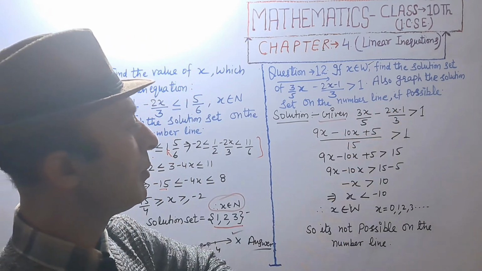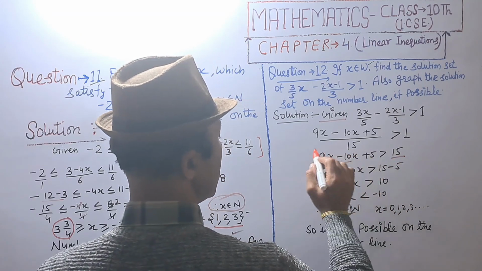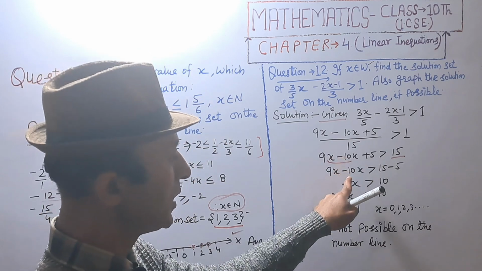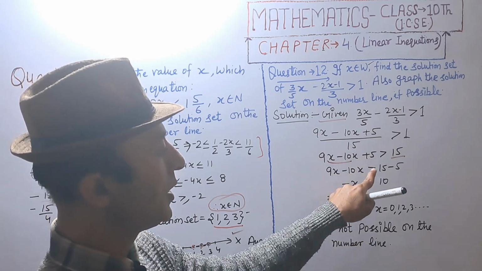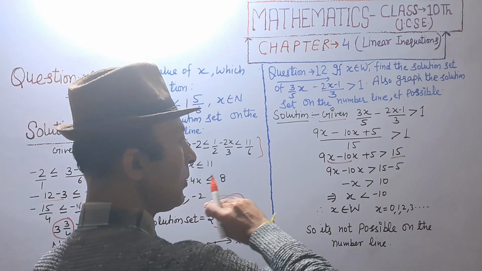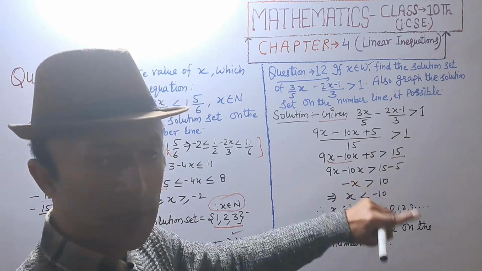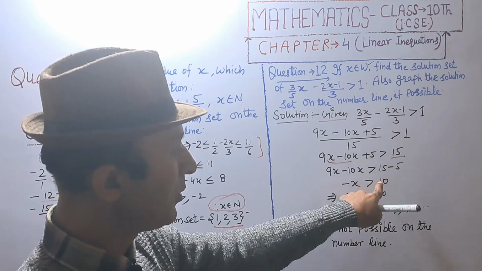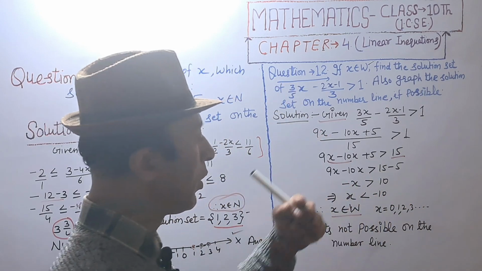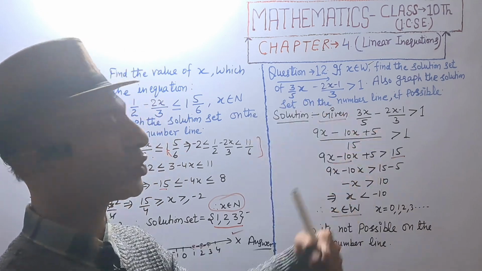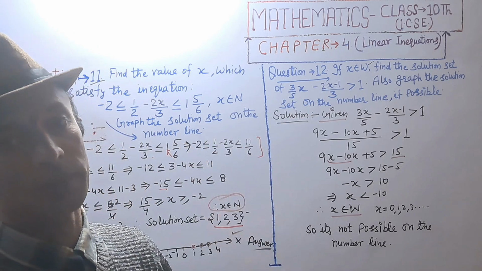The LCM is 15, and 15 ones are 15. 9x − 10x is -x, so -x > 15 − 5 = 10. Multiplying by a negative sign, -x becomes positive, greater than becomes less than, and positive 10 becomes negative, so x < -10. x belongs to whole numbers, which are 0, 1, 2, 3 and so on, but x is less than -10, so it's not possible on the number line, hence proved. Thank you so much.